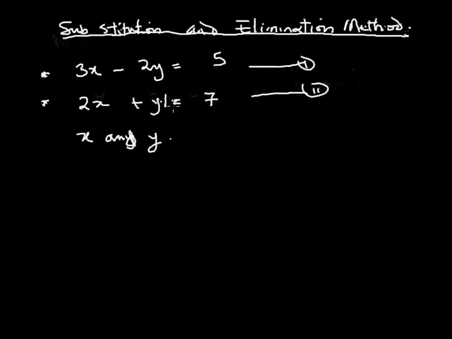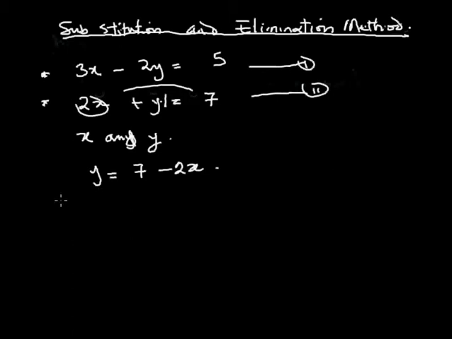So it will be good for us to use equation 2 and make y the subject of the formula. To make y the subject, y is equal to 7, and the 2x will cross to the other side and become minus 2x. Now we have the value for y.